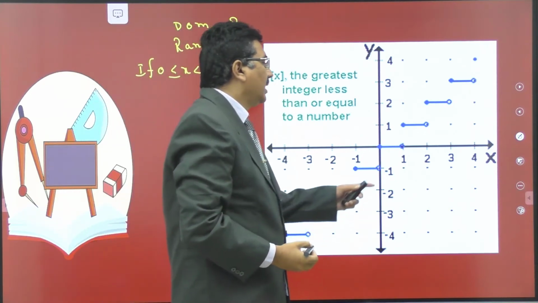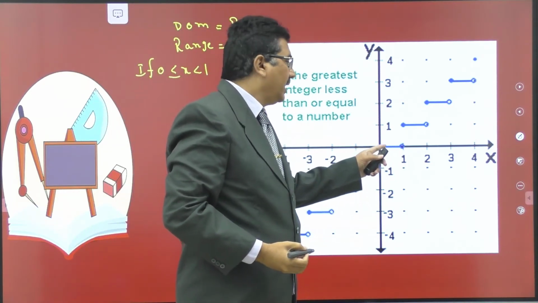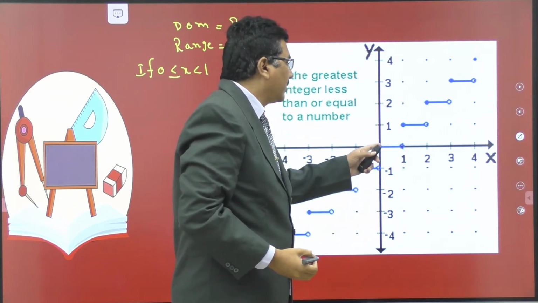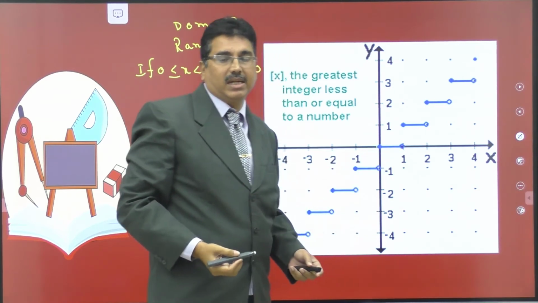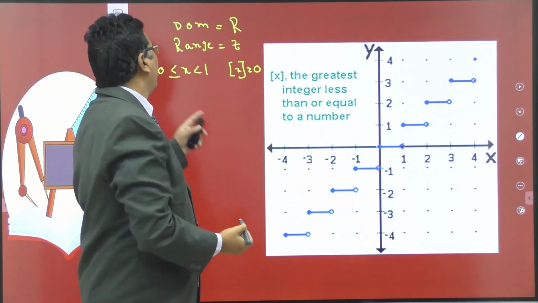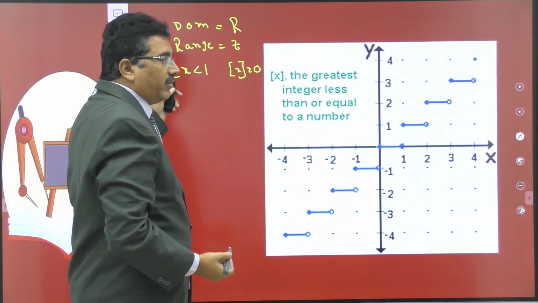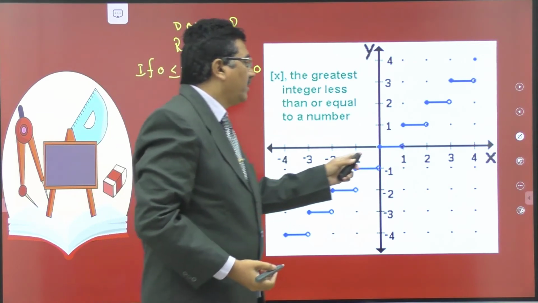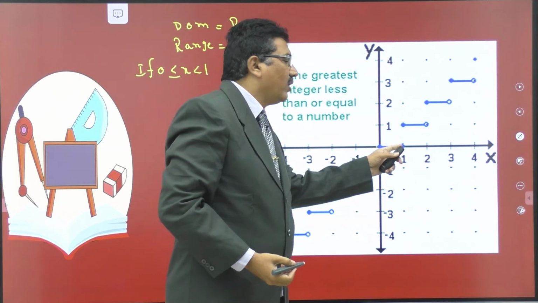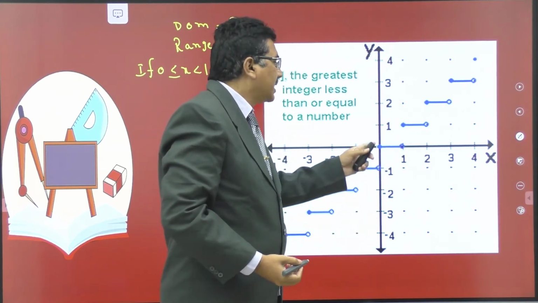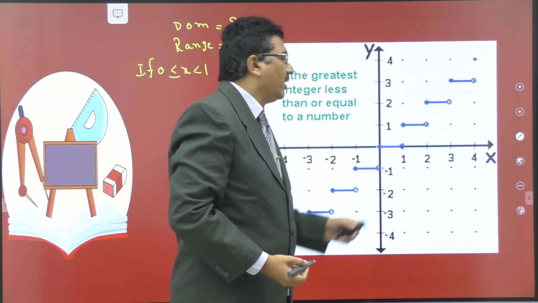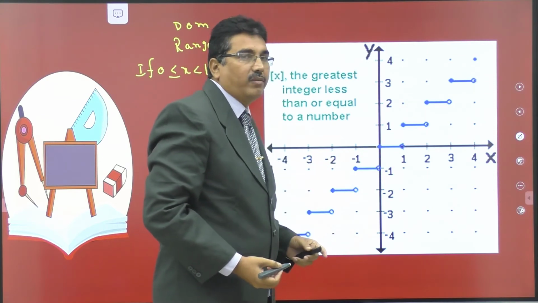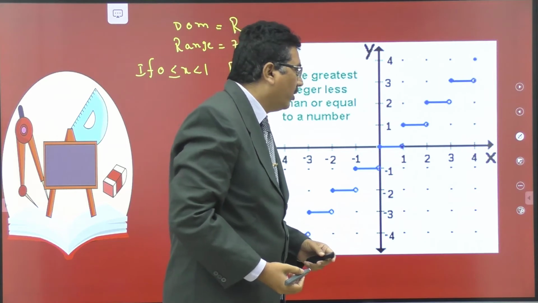If we take any value between 0 and 1, [x] is equal to 0. It means the integral part of every number between 0 and 1 is 0. So this is the graph in the interval 0 to 1.